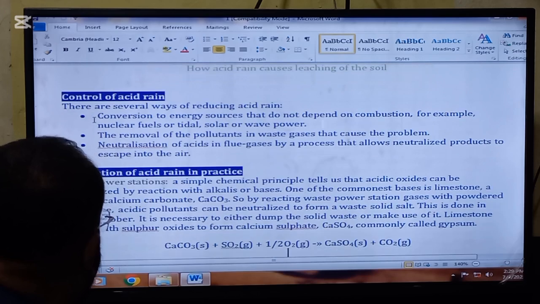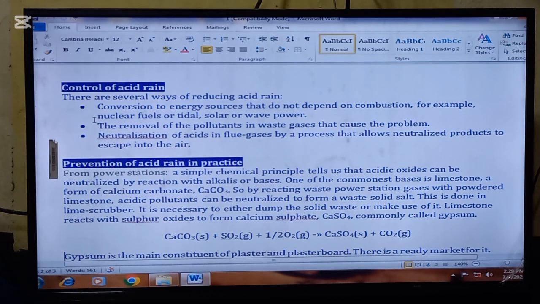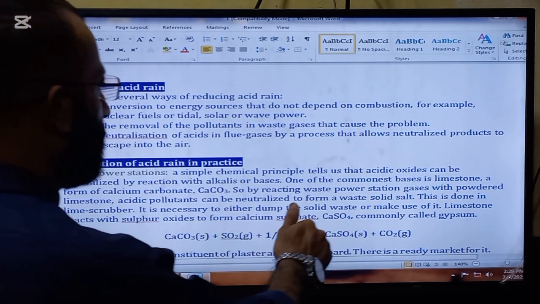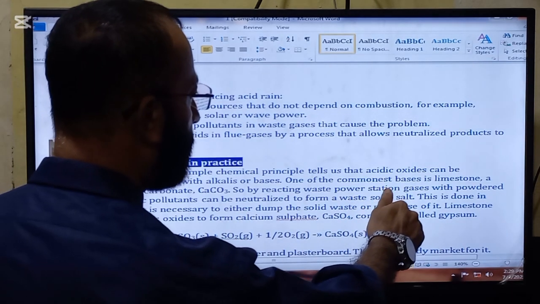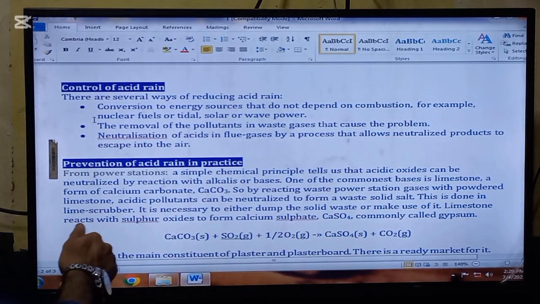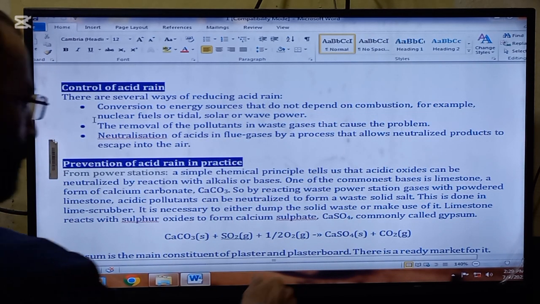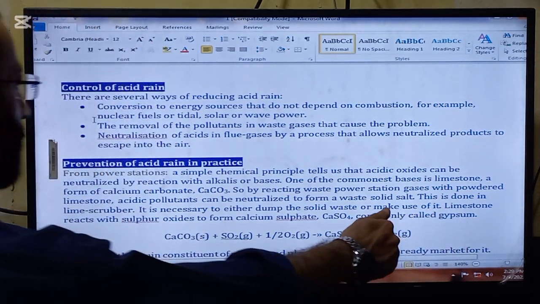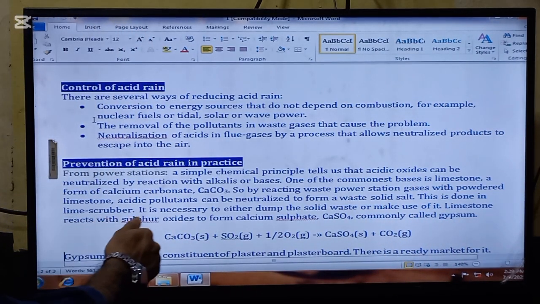Okay, the next thing that we are going to read is the prevention of acid rain in practice, from power stations. A simple chemical principle tells us that acidic oxides can be neutralized by reaction with alkalis or bases. One of the commonest bases is limestone, a form of calcium carbonate.